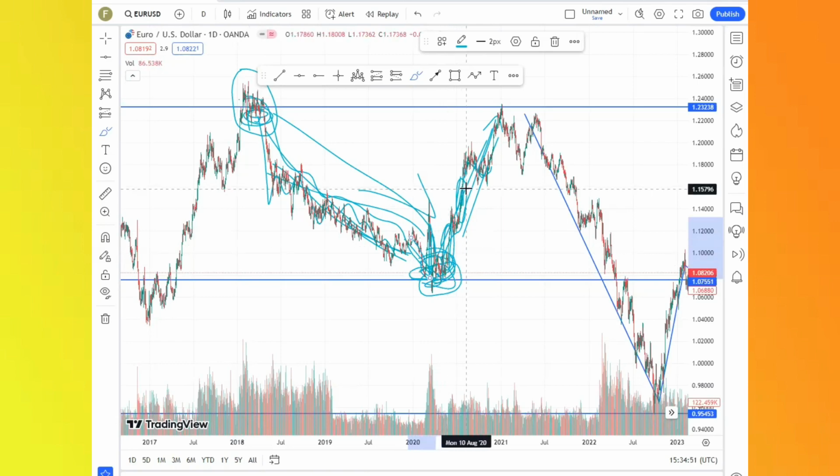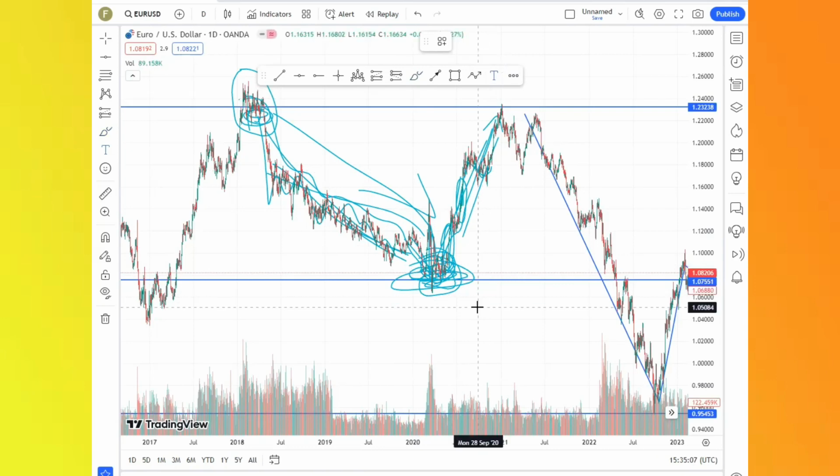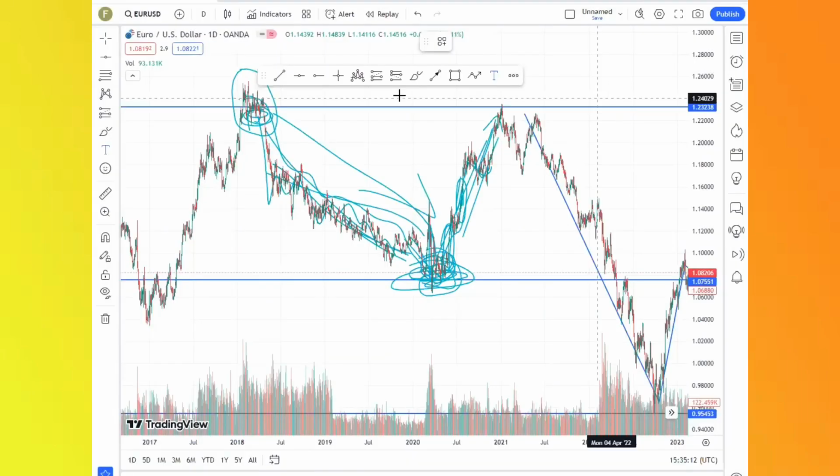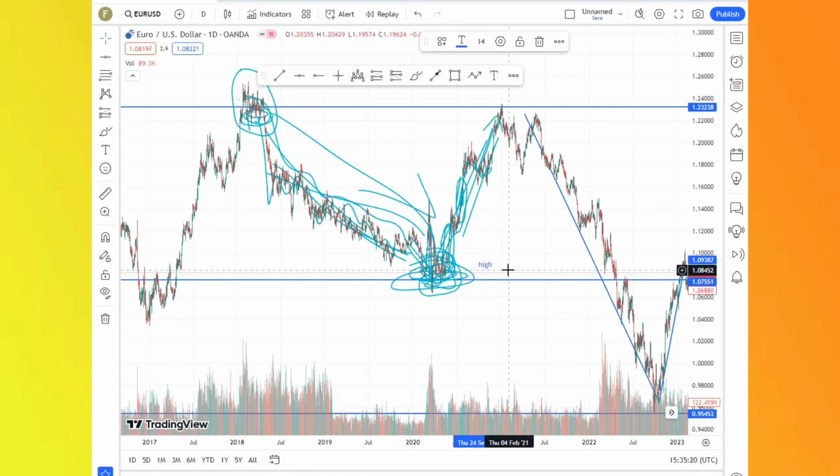Okay, so seeing that we have this retest and continuation to the upside, this shows us that this is our high respected level.